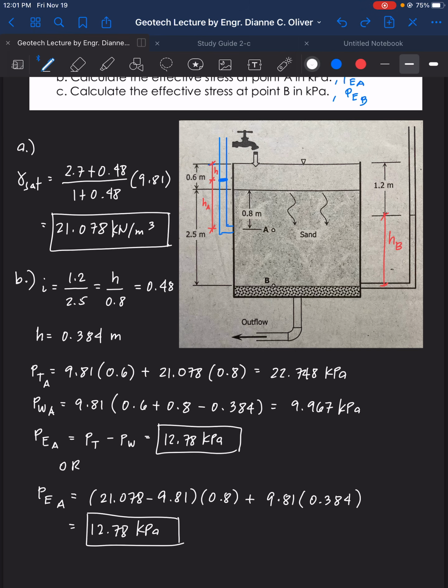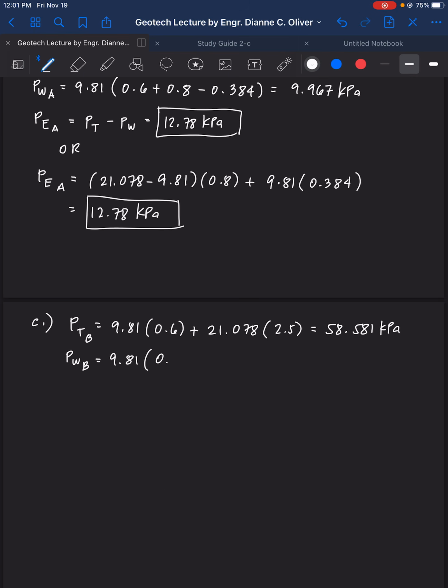So 9.81 times (0.6 plus 2.5 minus 1.2) is 18.639 kilopascal.